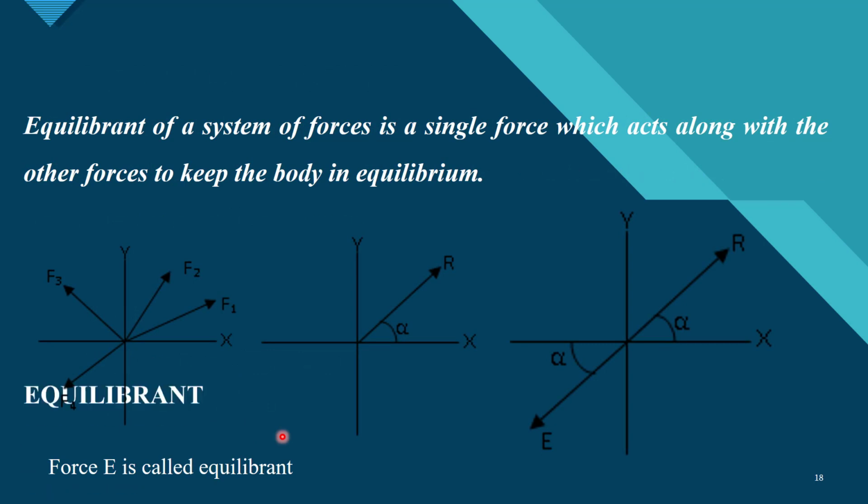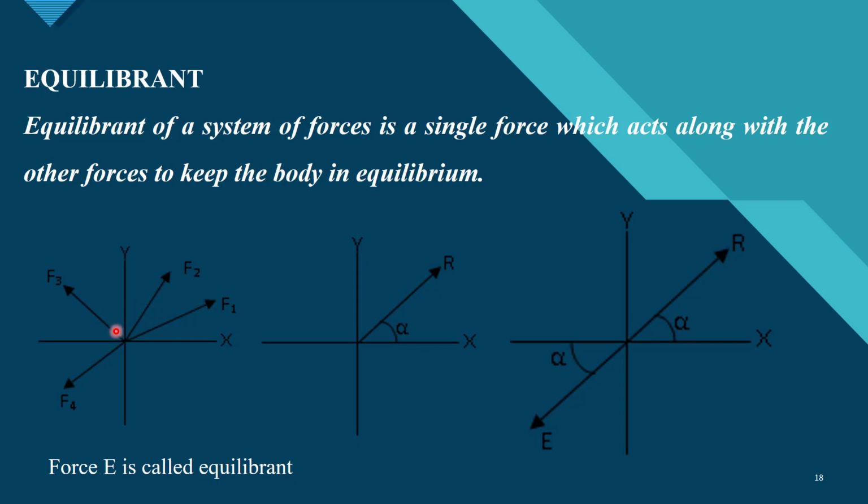Now the next one is equilibrant. What is equilibrant? Equilibrant of a system of force is a single force which acts along with the other forces to keep the body in equilibrium. In the first figure, you can see that there are 4 forces acting at a point. Now, you know how to replace all these forces by a single force which is known as the resultant force.